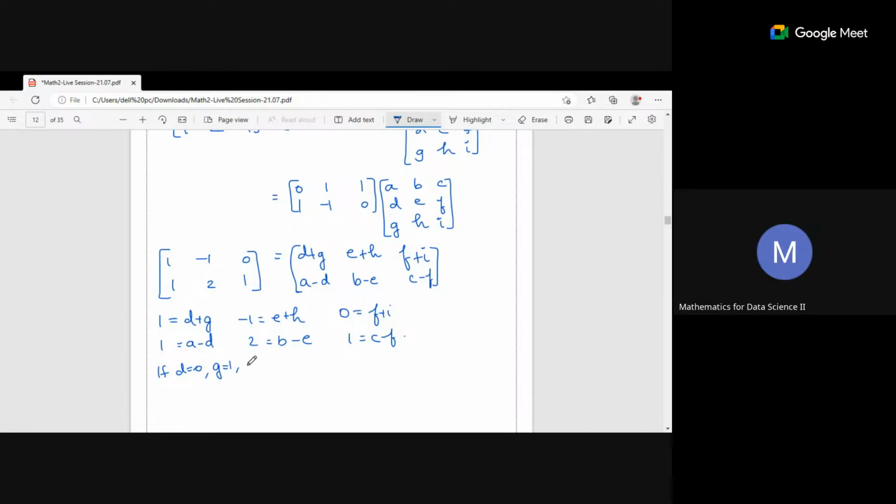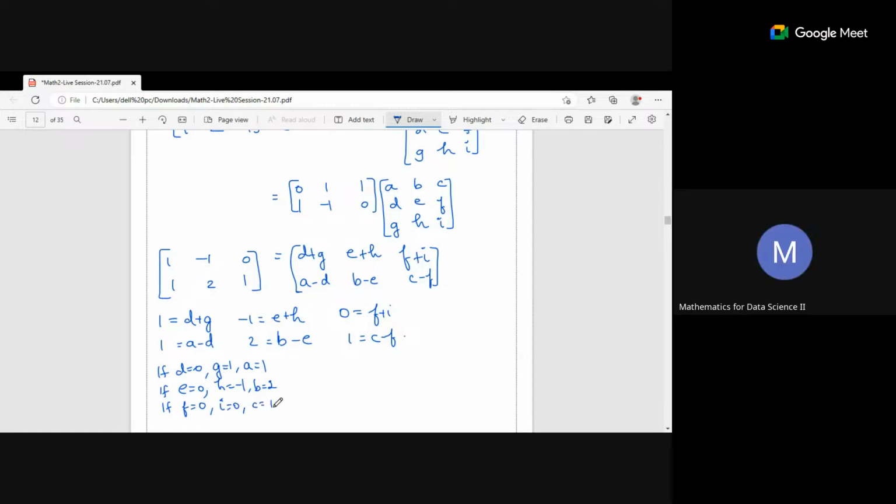G is 1 and A is 1. And if E is 0, what is H? H is -1, and B will be 2. And if F is 0, I equals 0 and C is 1.